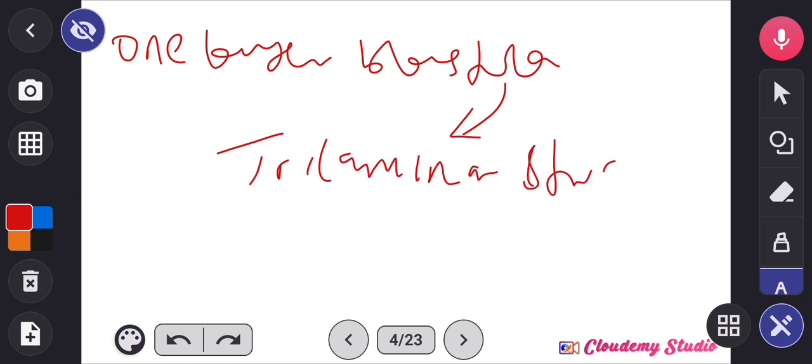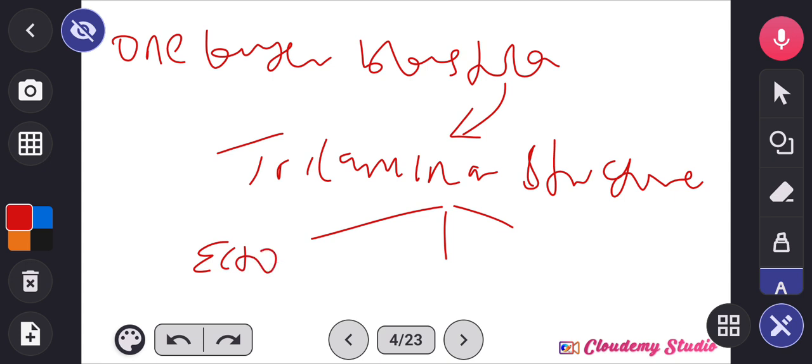And when we say trilaminar structure, it means a structure with three layers, you understand? And these three layers include the outer ectoderm, the middle mesoderm, and the inner endodermal layer. These are the three layers that are going to arise due to what? Due to gastrulation.